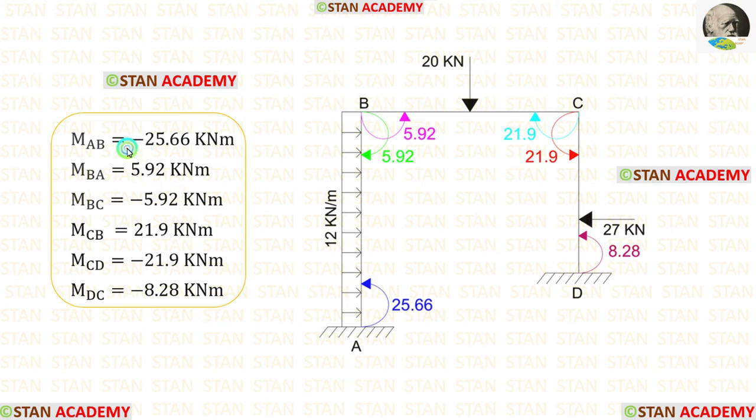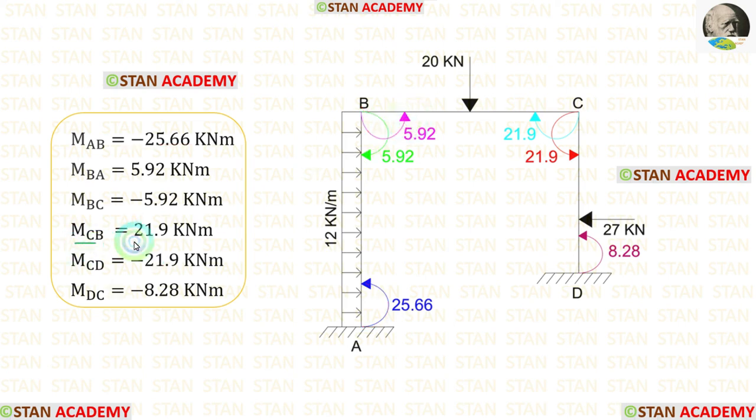For MAB, we got a negative value. That means it is acting in the anti-clockwise direction. For MBA, we got a positive value. That means it is acting in the clockwise direction. For MBC, we got a negative value. That means it is acting in the anti-clockwise direction.